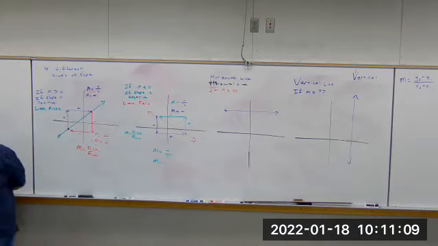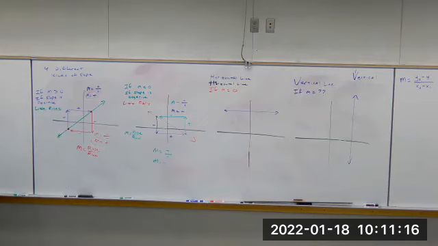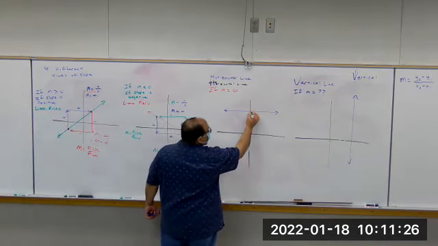Now, that slope is 0. Now, for this one, I do have to put some numbers on here so you can actually see what's going on. So I'm going to label this y coordinate. I'm just going to call it 5.